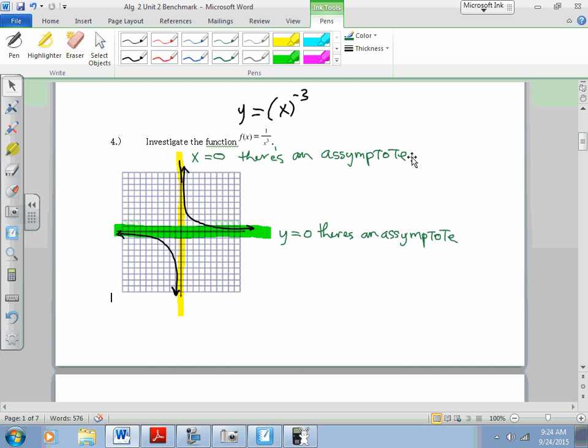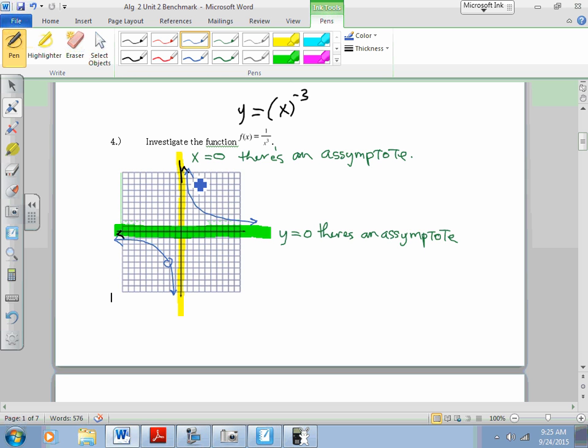Now, there are going to be times that the graphs have holes in them. Not that this one does.